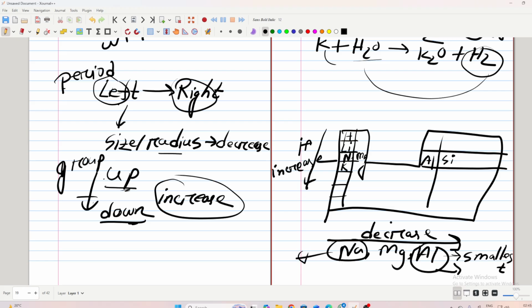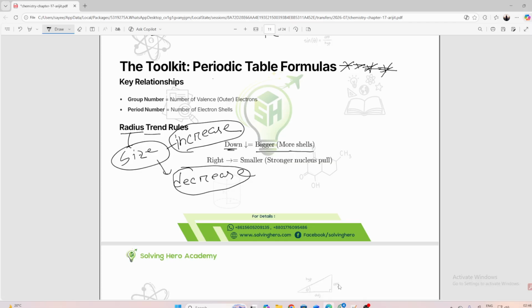Am I clear? So if you go left to right, the size decreases. If you go up to down, the size increases. So potassium is bigger than sodium, and sodium is bigger than lithium. Am I clear? So this is what is written in the slide.